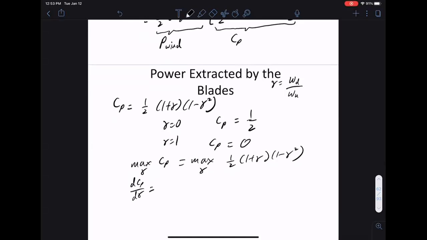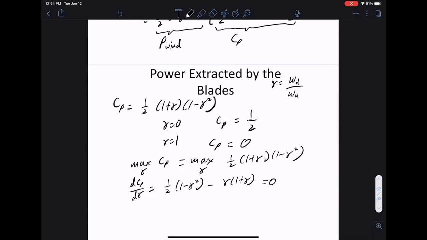So then we have the product rule. This is 1/2, 1 minus gamma squared, minus gamma times 1 plus gamma. Okay, so we get this equation. If we use the product rule to do this derivation, then we set it to 0.